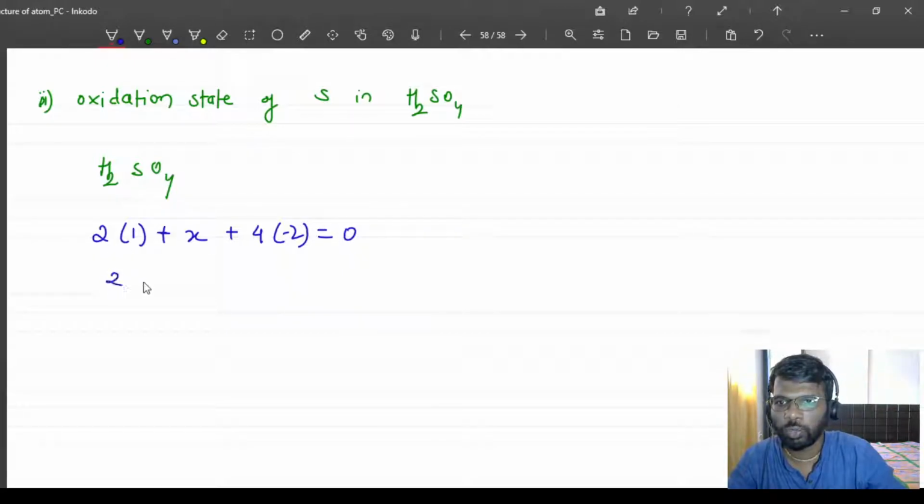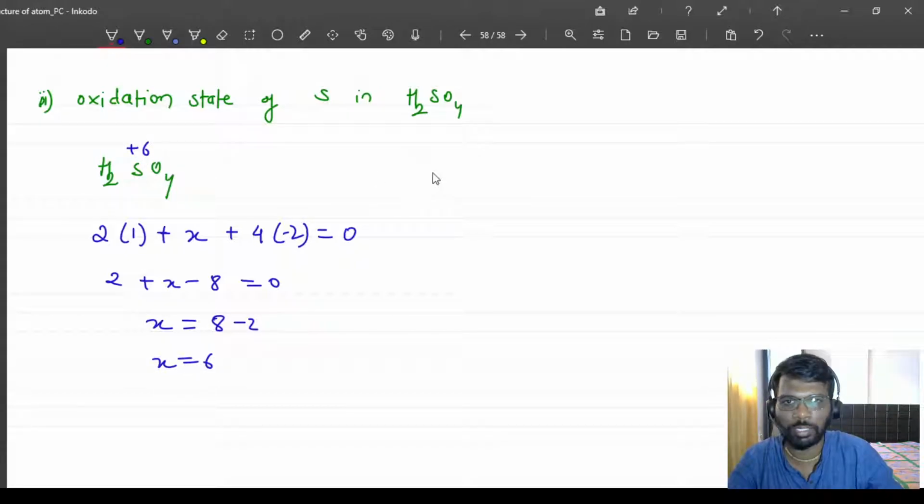So 2 plus X minus 8 is equal to 0. So X is equal to 8 minus 2, and X is equal to 6. The oxidation state of sulfur is plus 6, meaning sulfur over here is in maximum oxidation state.